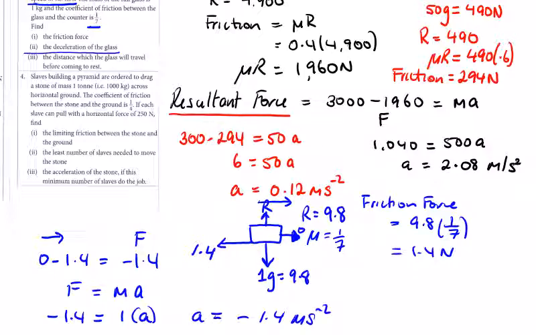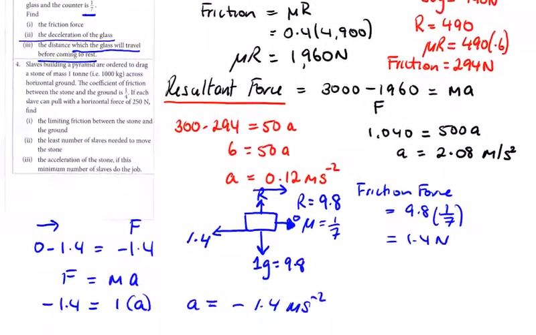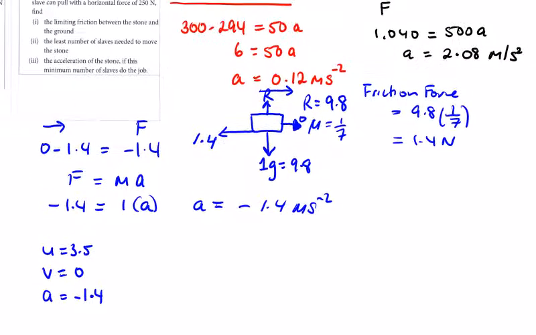And then the distance which the glass will travel, that's where that speed is going to come in. The distance which the glass will travel before coming to rest. We were given speed here of 3.5, so u is 3.5. It's coming to rest, so final velocity is 0. We have acceleration is minus 1.4, and we're asked for distance s. So v squared is equal to u squared plus 2as.